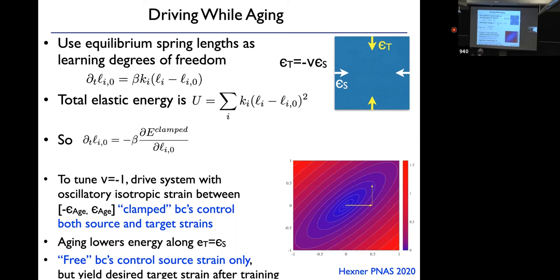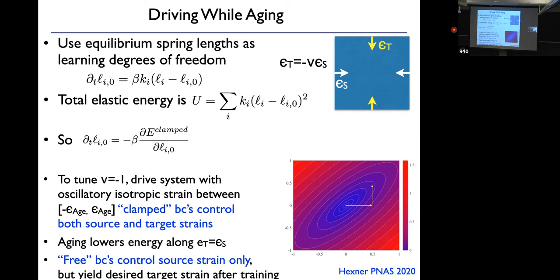In other words, if I compress this way by this amount and I want a Poisson ratio of -1, I want this dimension to compress by exactly the same amount. So I'm going to compress isotropically by that amount. I'm going to apply not only the source, but the desired target. That's what I'm going to call the clamp condition.